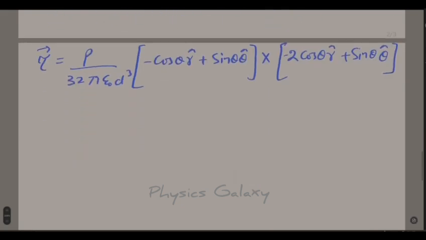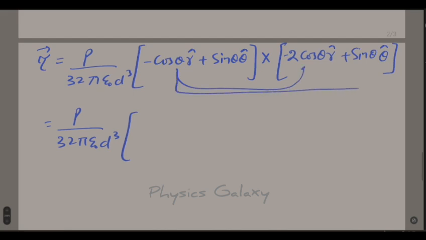Now it's just a cross product. The r cross r term will be 0. Then the r and theta terms give minus cos theta sin theta, and r cap cross theta cap is phi cap, but here phi cap is in the minus x direction, so minus x cap.